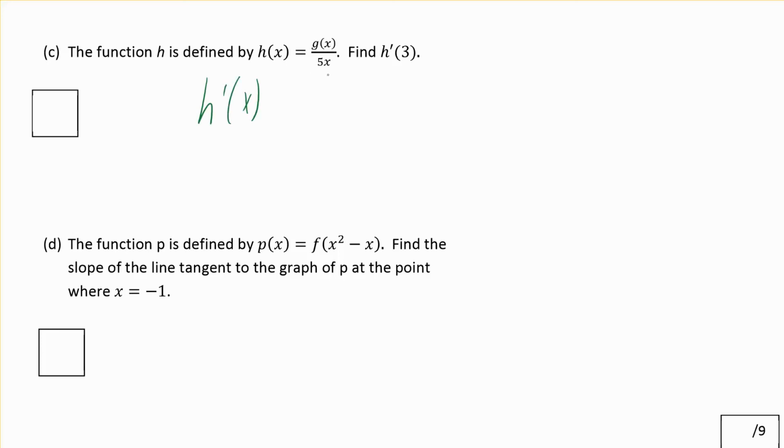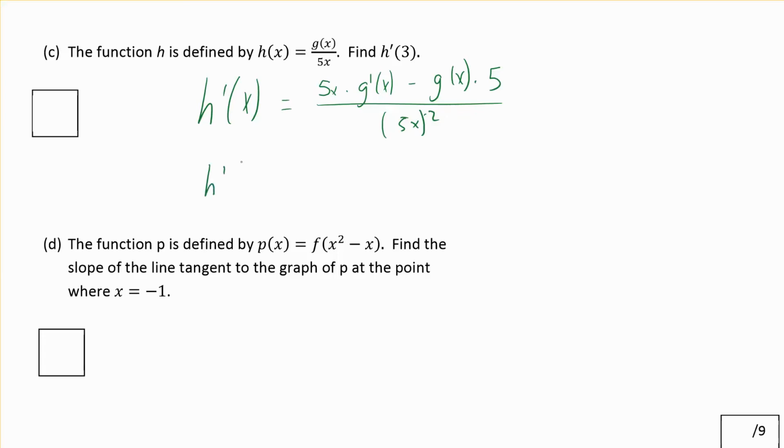If this is h, we've got to do the quotient rule. Or the product rule with a -1, but that would involve a chain rule. I think the quotient rule is probably the best bet. So low d high minus high d low over low squared. And then we can start plugging things in.